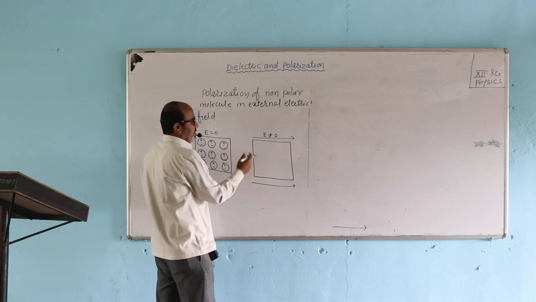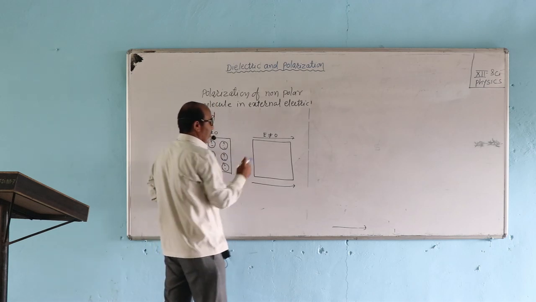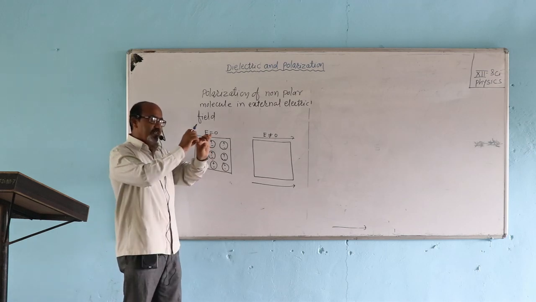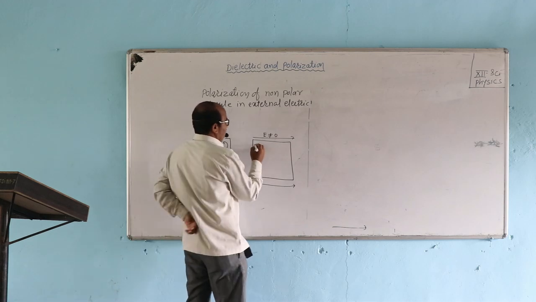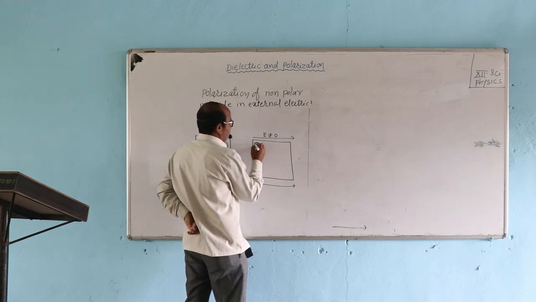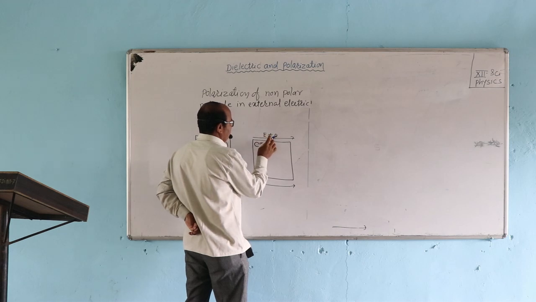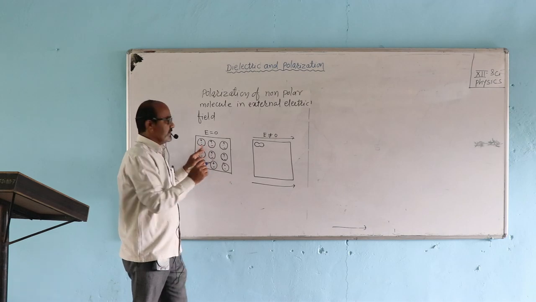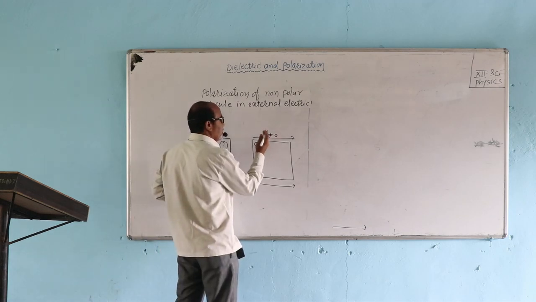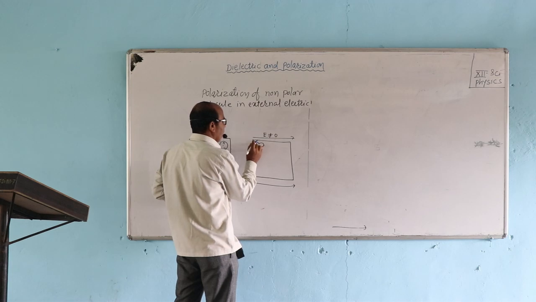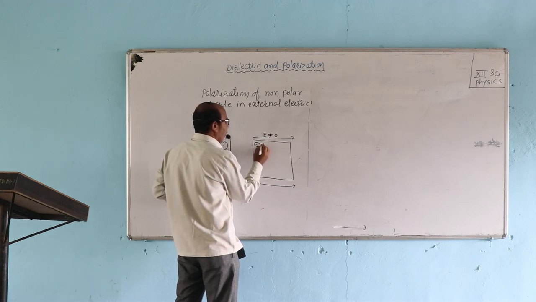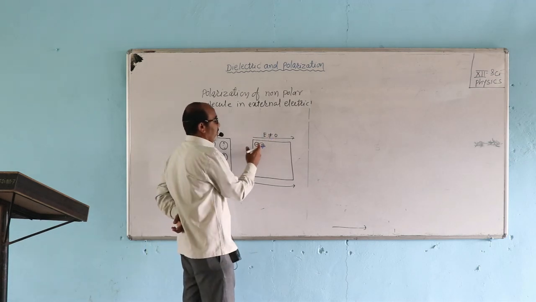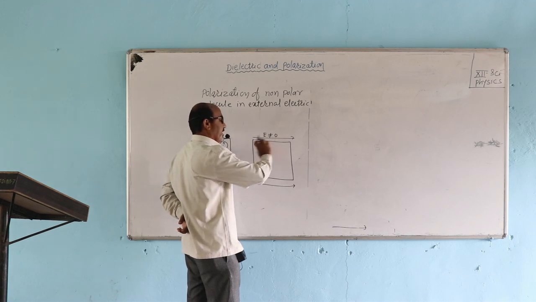Negative charges are attracted in the opposite direction, meaning due to stretching of charges, the center of positive charge and the center of negative charge get separated from each other. The negative charge gets attracted towards the left side, in the direction opposite to the applied field. The positive charge gets stretched in the direction of the field.